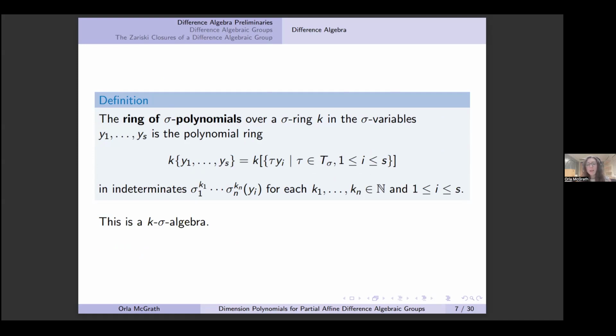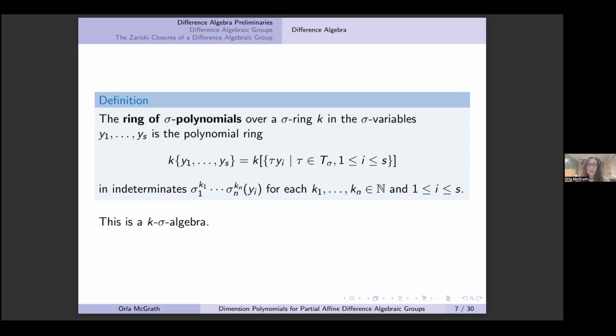Because the sigma ring K is a difference ring, we can extend the way that those endomorphisms act on K to act on the difference polynomial ring in the expected way. For example, sigma 1 will map y1 to the indeterminate sigma 1 y1, and so on, in the natural way, based on the naming of the variables.